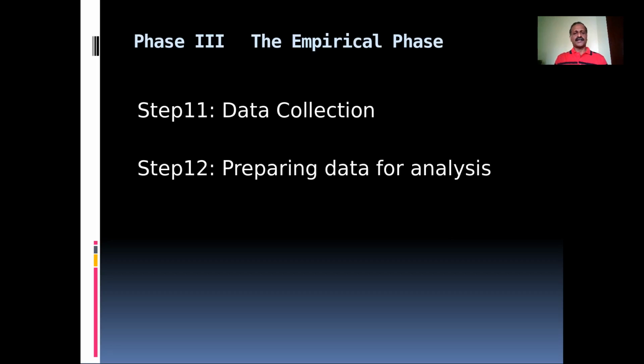And after data collection, we go to step 12, that is preparing data for analysis. The raw data cannot be analyzed. So the data that is collected, we have to convert into a form that is amenable for analysis. So this is what we call preparing data for analysis. So these 2 steps we are doing in the 3rd phase called the empirical phase. I'll repeat the steps once more. 11th step, data collection, and step 12 is preparing data for analysis.